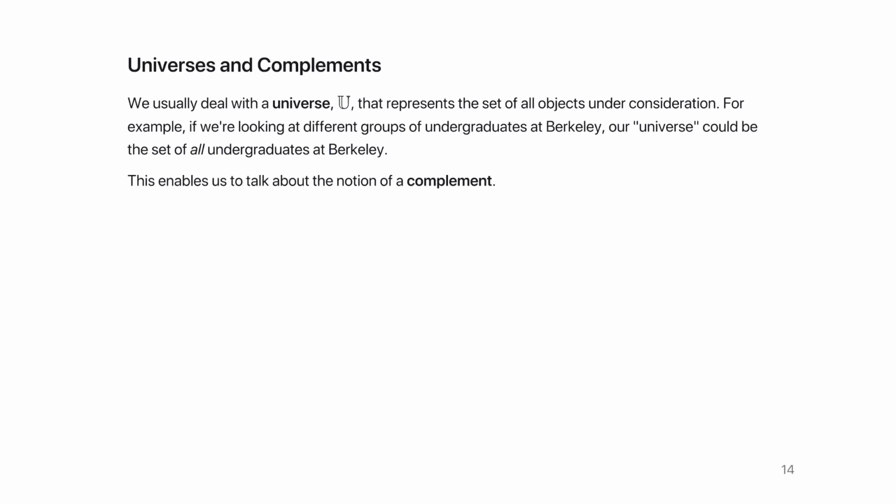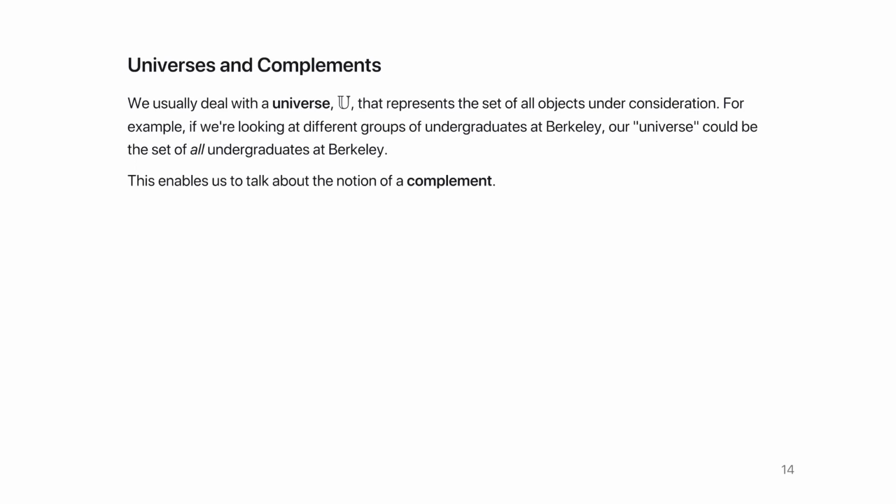Okay? So for example, if we're looking at different subsets of undergrads at Berkeley, our universe could be the set of all undergraduates at Berkeley. And then every subset you create will be a subset of the universe. Okay? And so this allows us to talk about this notion of a complement, which is everything that's in a universe, but not in our set.